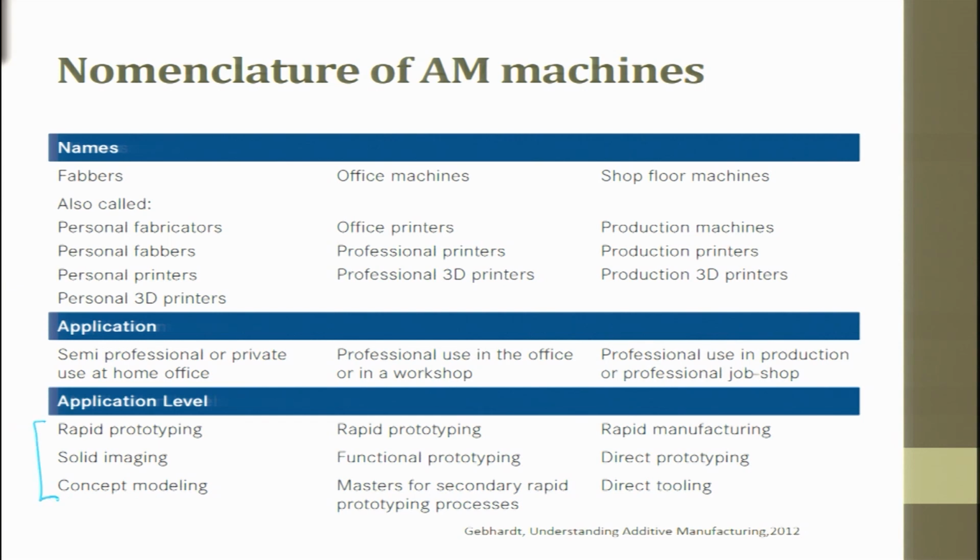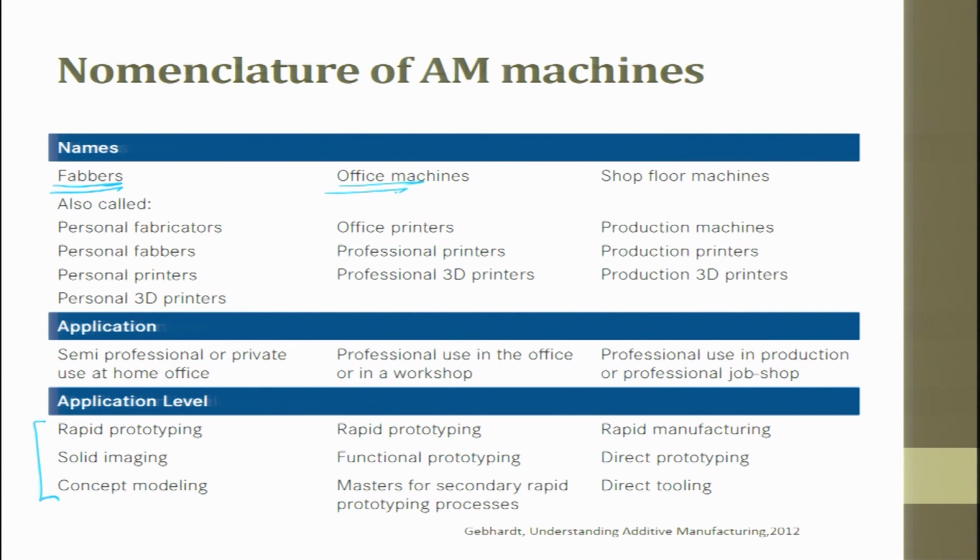These are the application levels where these Fabers will be used in general. Then office machines can be called office printers, professional 3D printers, for professional use in the office or in workshops. It is used for rapid prototyping, functional prototyping, and masters for secondary rapid prototyping processes can also be made through these office machines.